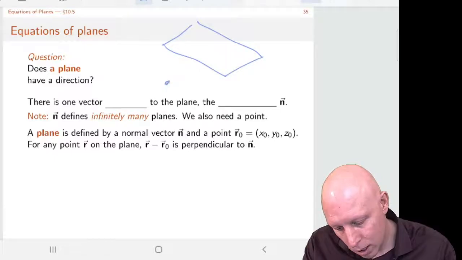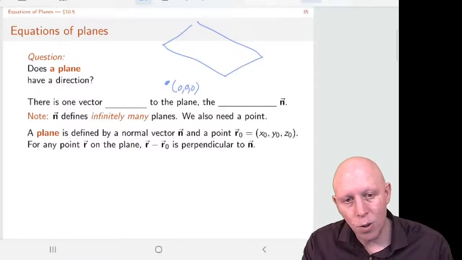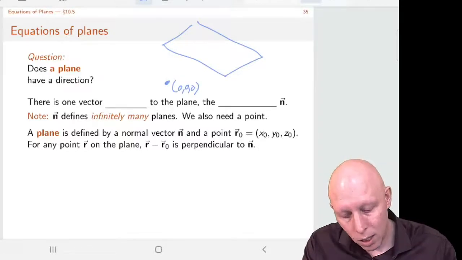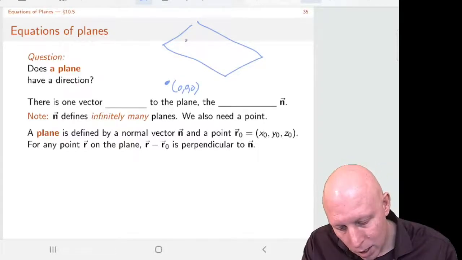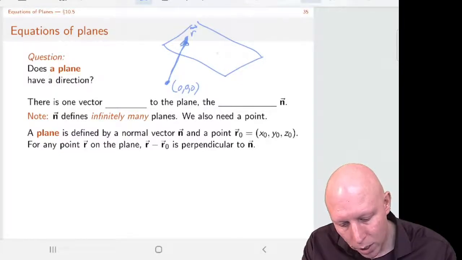Hello plane, and then here's our origin 0, and let's look at any point. So this is our point R on the plane. And then let this be our special point.